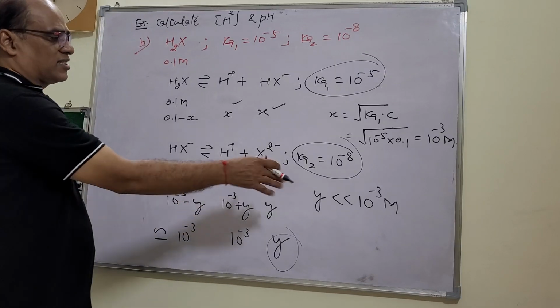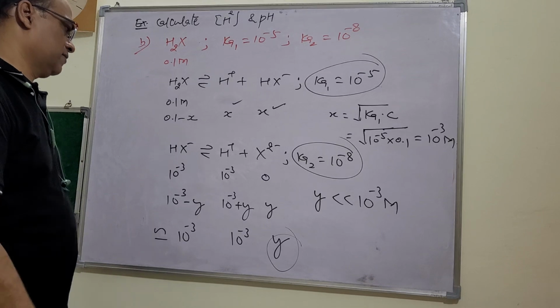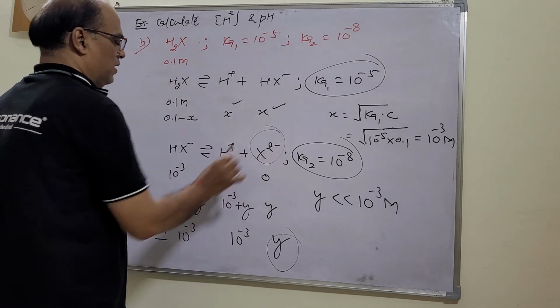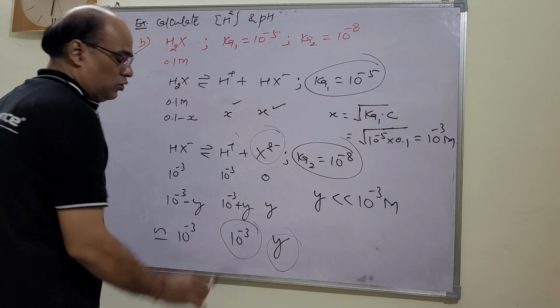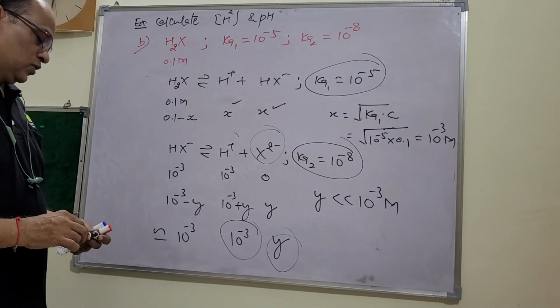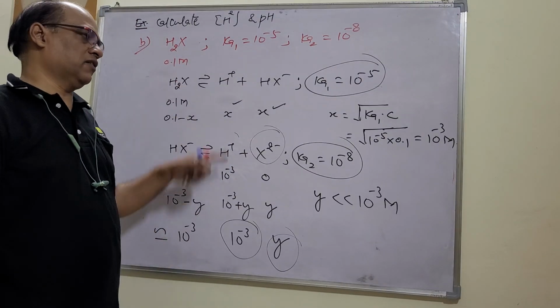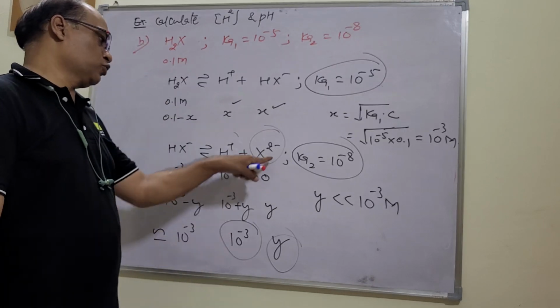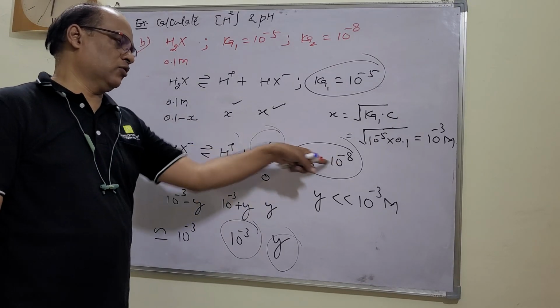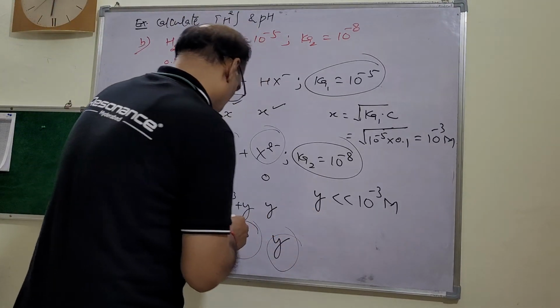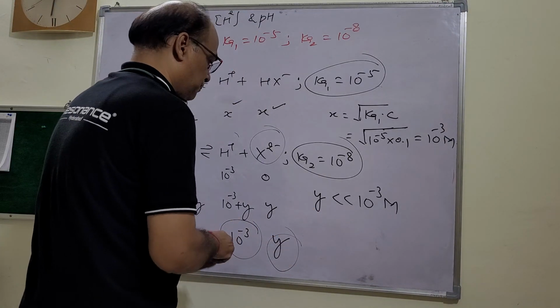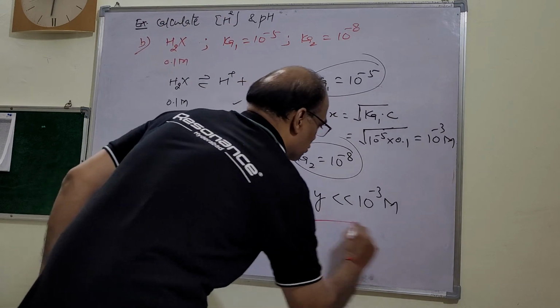Understood? Now rest is very simple. Put the value, get the answer. You can calculate this value. But H+ is basically what? I have told you in the points. Whatever H+ we got, that is from the first ionization only. Suppose you want to calculate this value, then you can do the calculation. So what calculation you will do? I will explain once again for the slow learners.